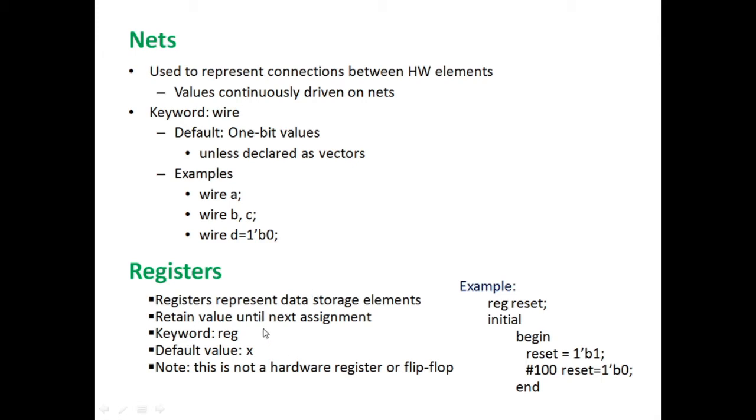I change reset for some amount of time, and after some time I change it to 1-bit binary 0, again sometimes 1-bit binary 1. So this is the process involved. Until I manually change it, the register will hold its previous value. So this is about registers.